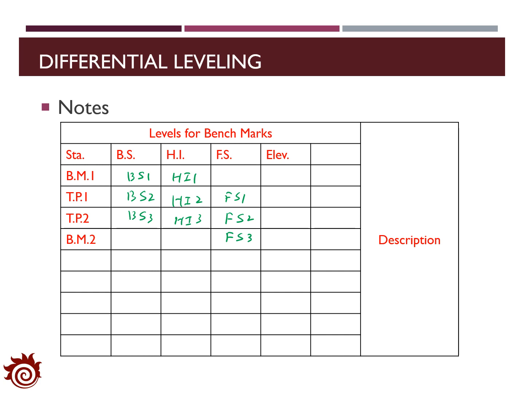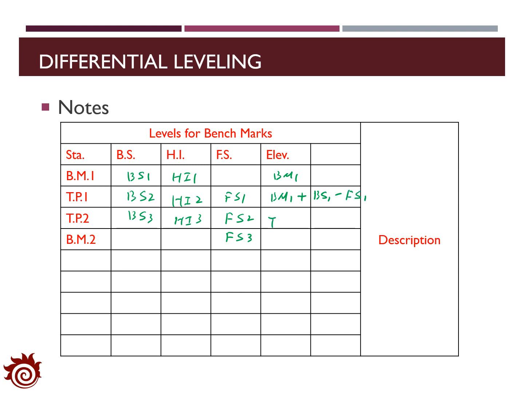With that, we can do the calculation about the elevation at each location. For benchmark 1, we know that the elevation is just the benchmark 1. And the second one, that will be benchmark 1 plus backside 1 minus foresight 1.